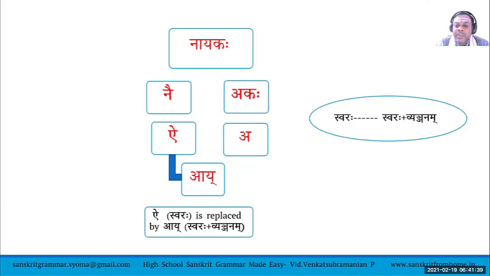Here the transformation is on the one side. Therefore, you have only I getting replaced, and Nayakaha. So the replacement is a swara vyanjana combination. A is a swara and Ya is a vyanjana. Now the swara gets transformed to a swara vyanjana combination.